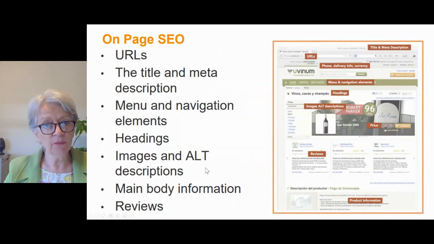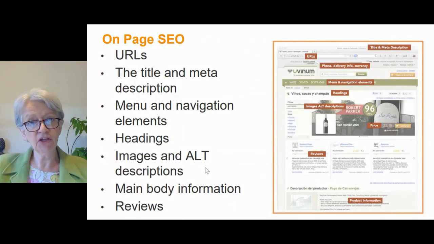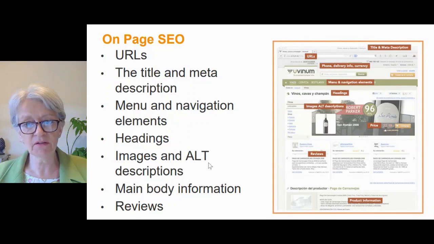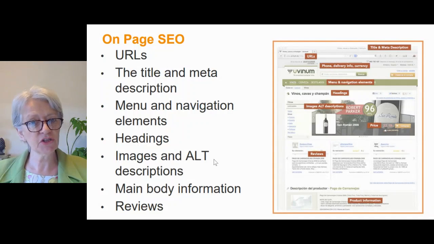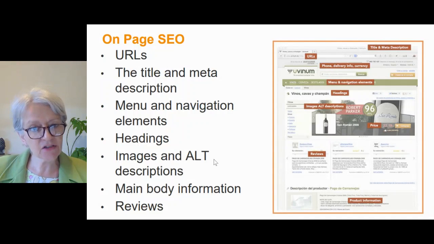In terms of keywords and where you place them on the page, they need to go in the URLs. So make sure they are keyword rich. That's where the search engines come first and foremost. They need to be in the title and meta description, in the menu and navigation elements, in the headings on the page.